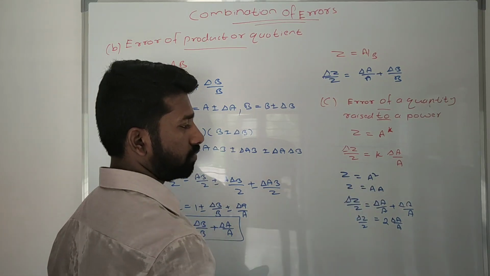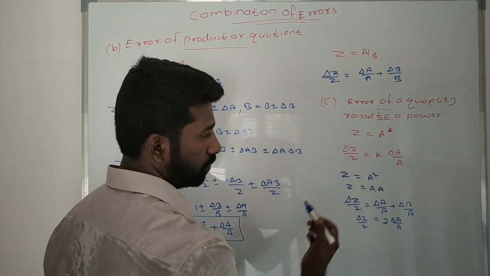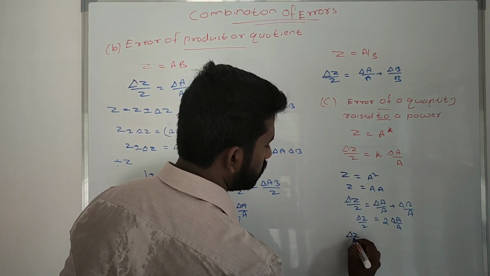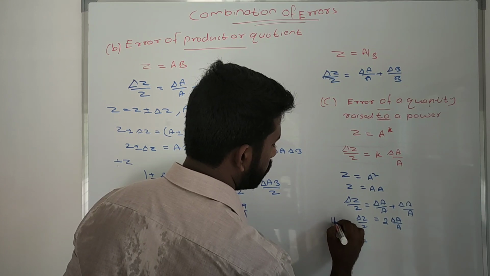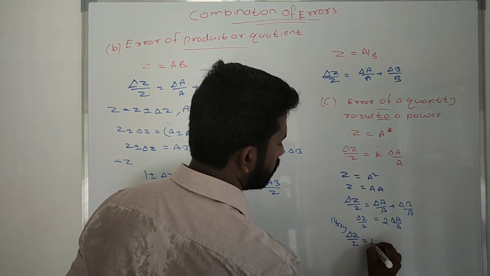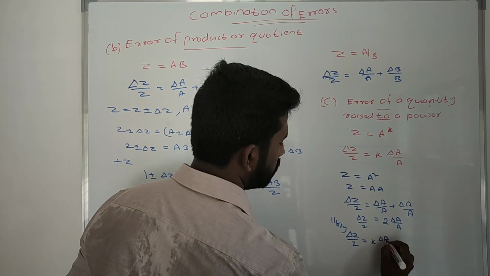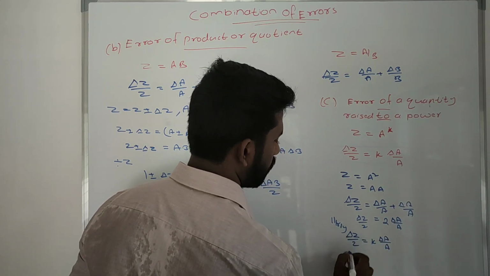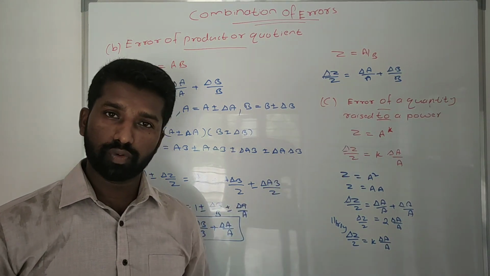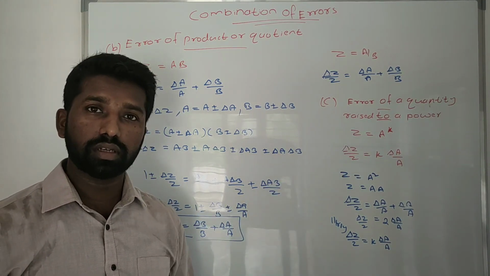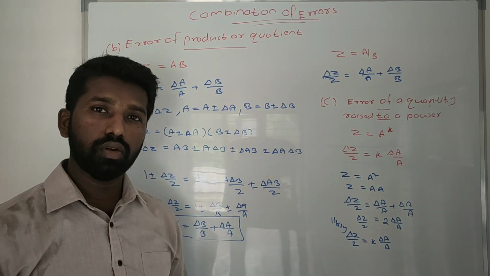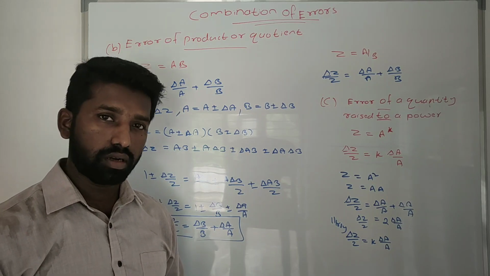If the power of A is k, then similarly delta Z by Z is equal to k into delta A by A. If a quantity is raised to a power of k, then the relative error in the resultant is k times the relative error in the quantity.